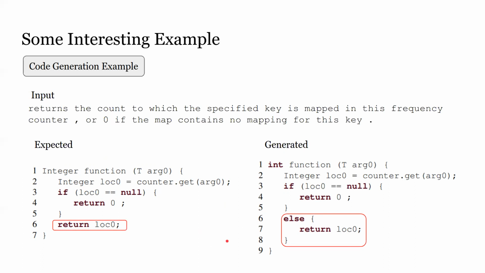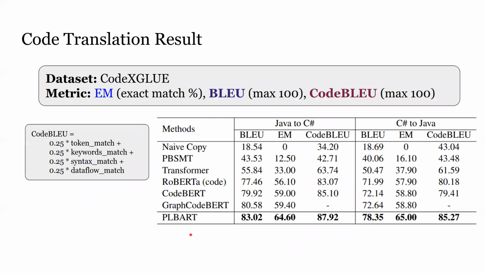The code generated by PLBART is semantically equivalent to what was expected. PLBART generates a large number of such semantically equivalent functions. Thus, even though the exact match is lower than other baselines, BLEU and CodeBLEU scores are higher than the baselines.